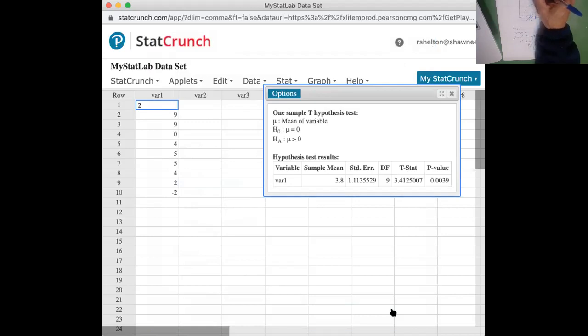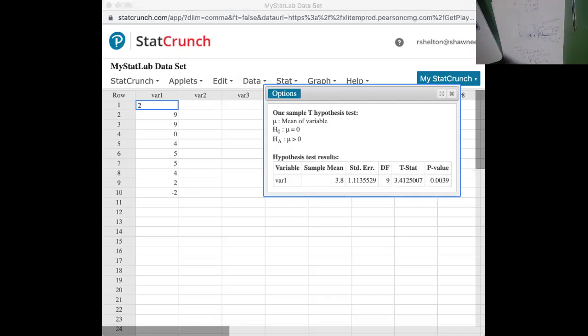It's 3.4125, p-value 0.0039, and I don't know what all the problem will want later, so I'll go ahead and jot down sample mean 3.8, standard error 1.1136. Degrees of freedom, that's always sample size minus 1. We had 10 in our sample, so that's 9.